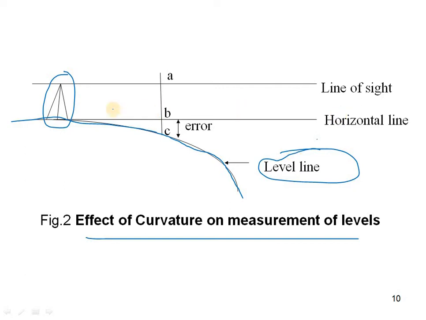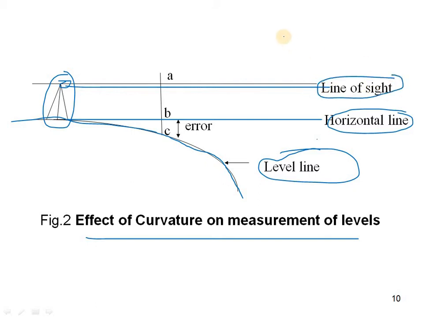You can observe here that from the bottom of the instrument, the line is the horizontal line, and the top of the instrument is called the line of sight. That means the object glass which we are seeing, from the center position, is called the line of sight. Here a leveling staff is placed.